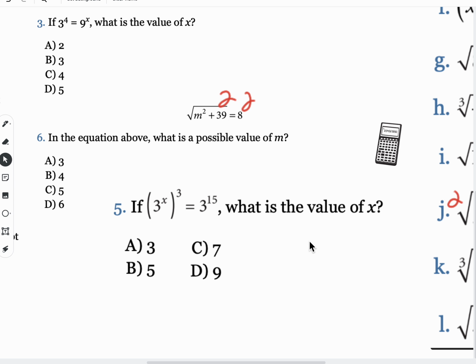So using the MADSPM rules, 3 to the x to the 3rd power equals 3 to the 3x. Let's change that to 3 to the 3x, multiplying 3 times x.